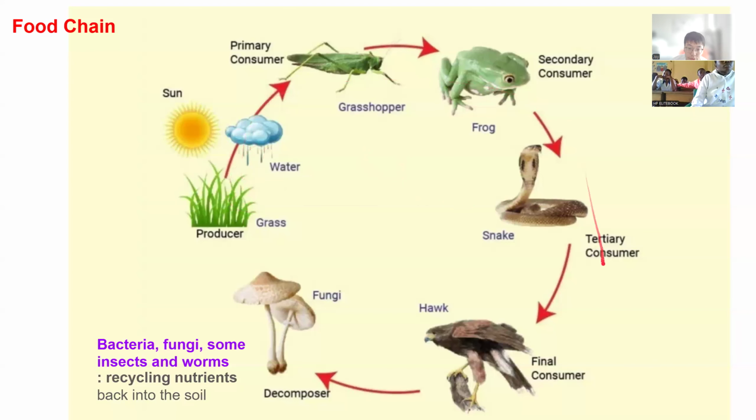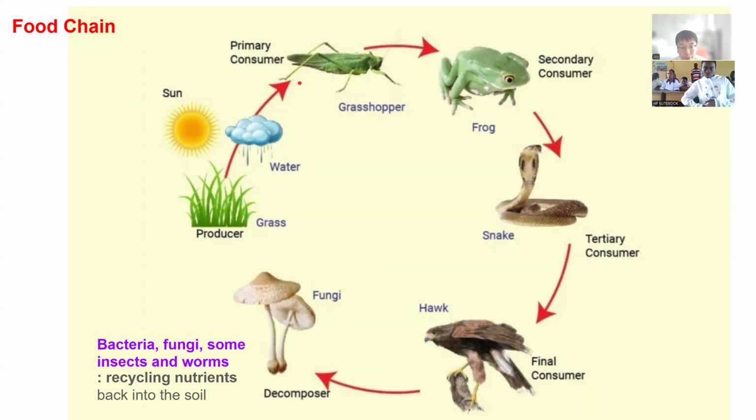So this is the food chain, and the food chain basically starts from the producer, and it's also pointed by arrows. You can see this arrow, and it points from the producer to the consumers, like a grasshopper.